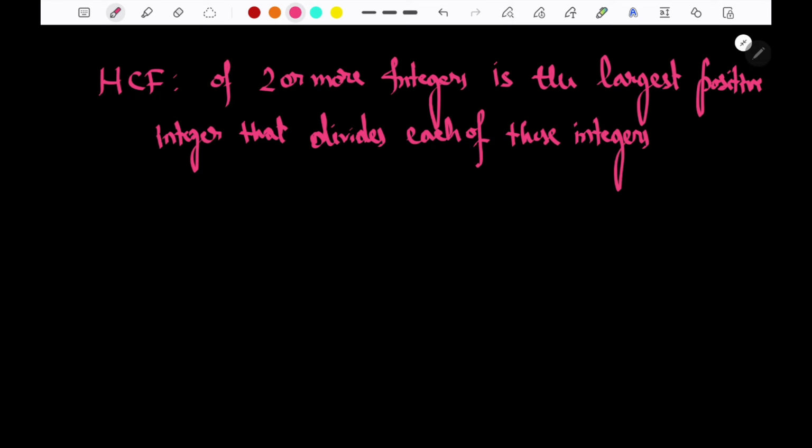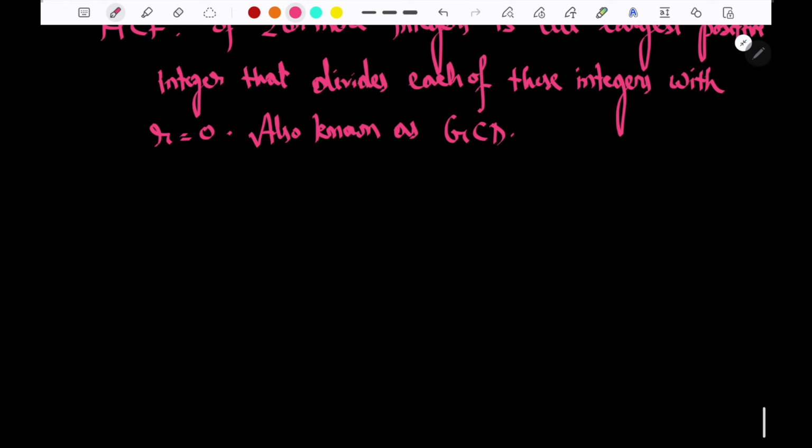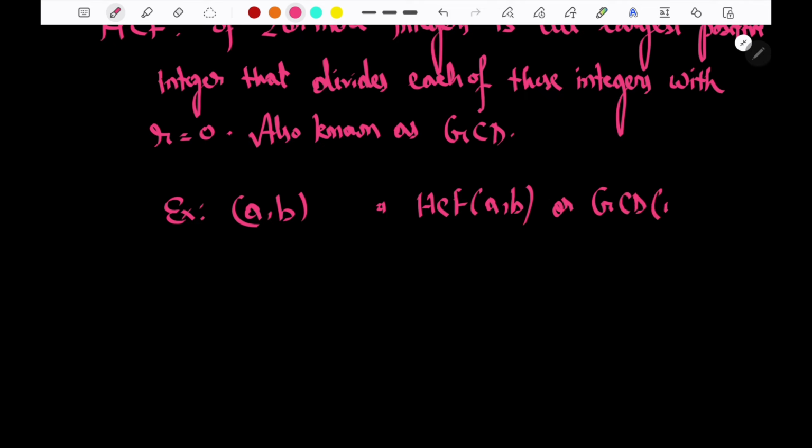It means that it divides each of these integers with remainder r equal to 0. It is also known as GCD, greatest common divisor. For example, if a and b are two such integers, then we say HCF of a, b or GCD of a, b. It is stated like this.